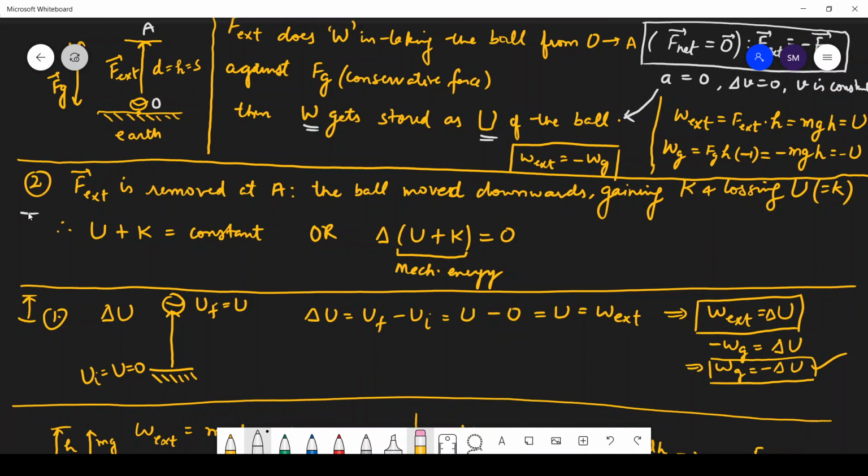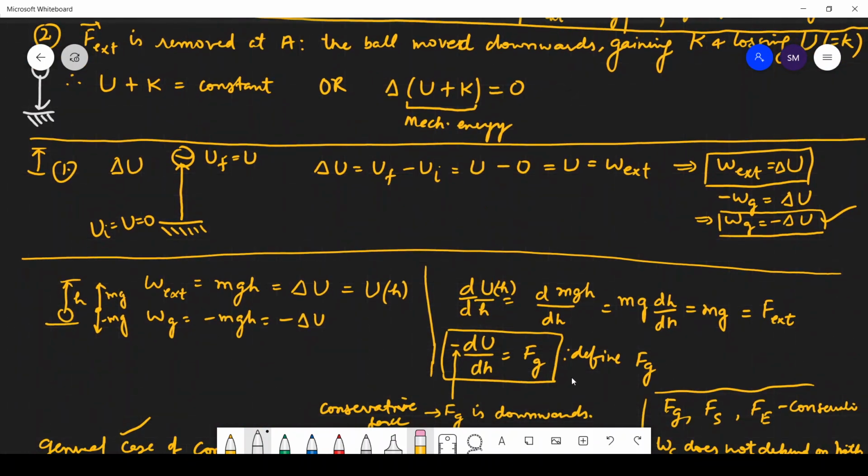When F external was removed and the ball was coming down, I discussed with you that this is the case for any conservative force, not only with the gravitational force.